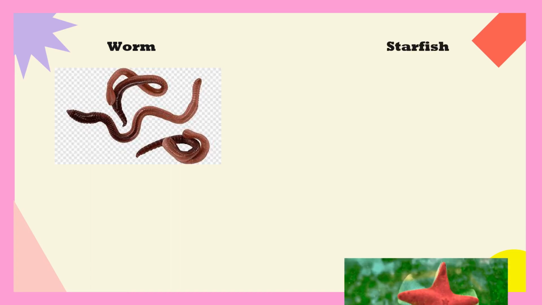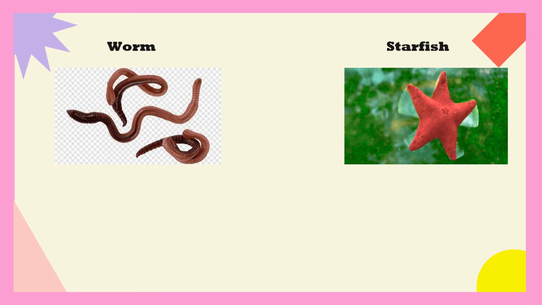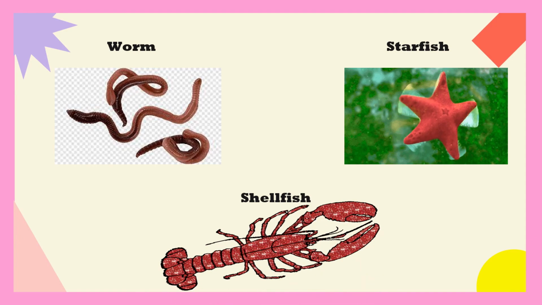Next is starfish. Okay, starfish. Next, shellfish. Okay, if you say shellfish, we have shell like crab, shrimp. Okay, do you understand, everyone? Very good. Now let's move on.